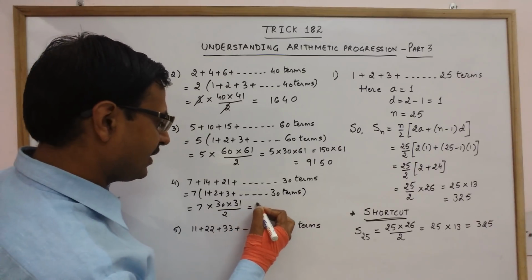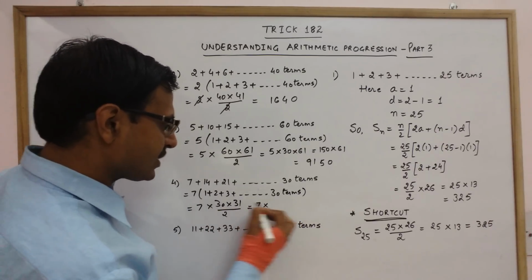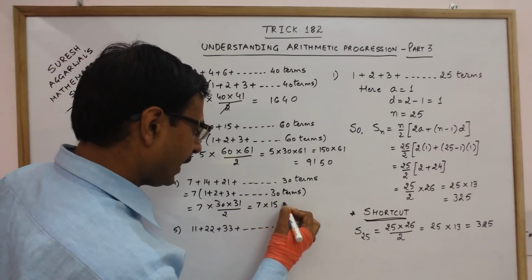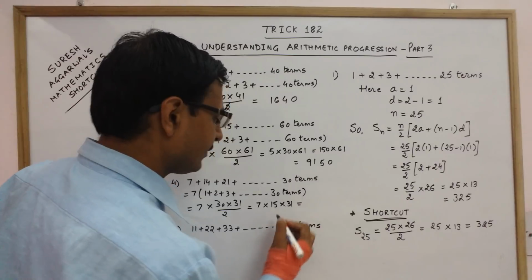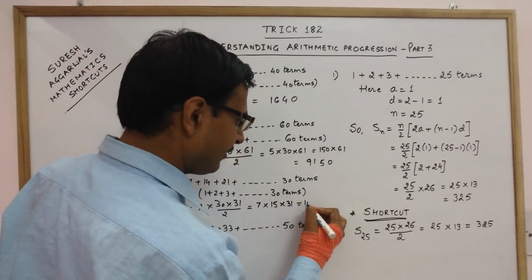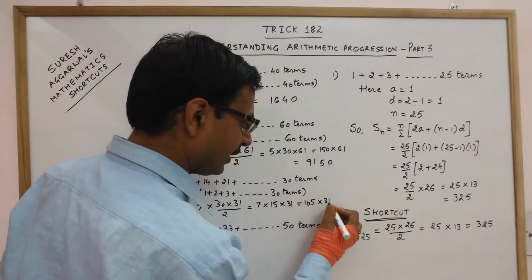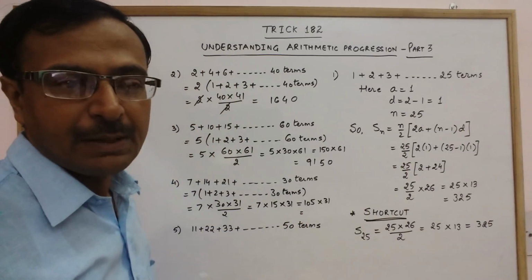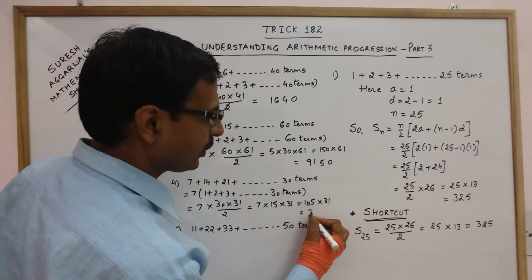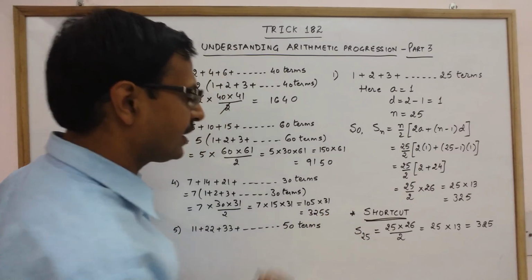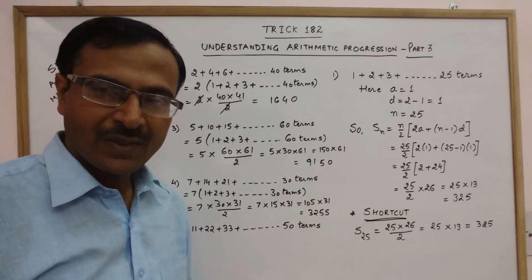So here 2 cancels out, giving 7 into 15 times 31. So we just need to multiply 105 into 31. By a simple multiplication you can find this answer very easily. Here I have found out the answer for you. 3255 is the required answer.